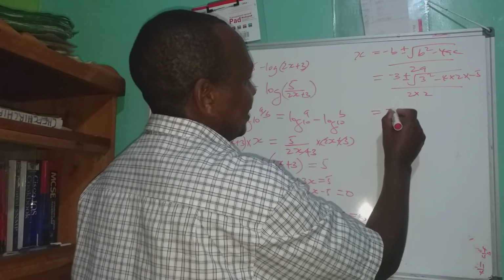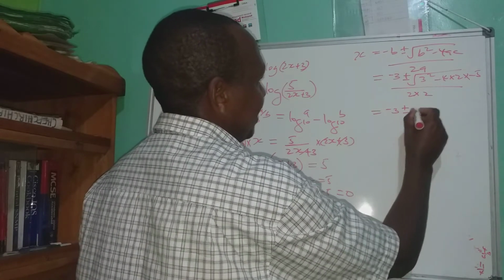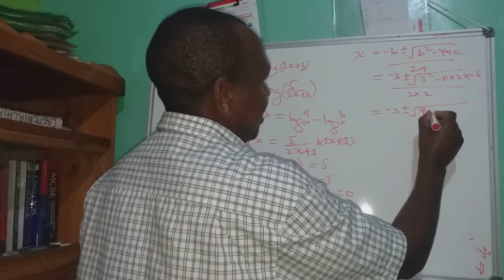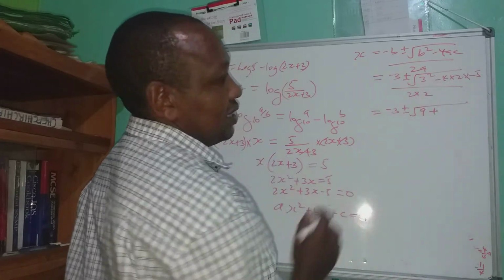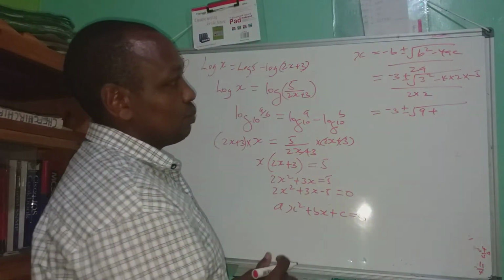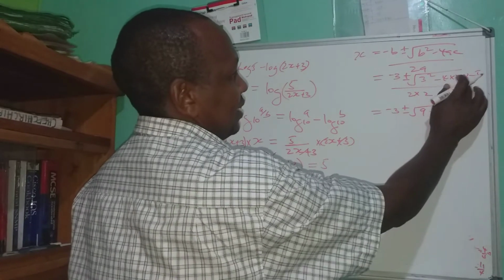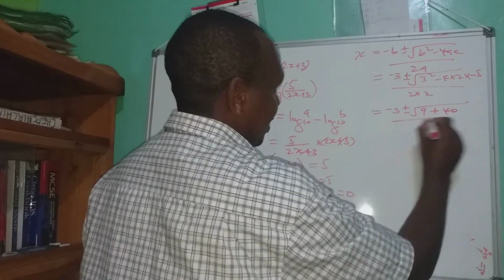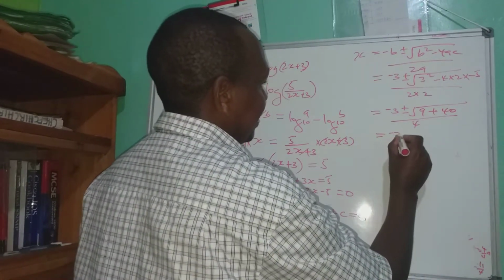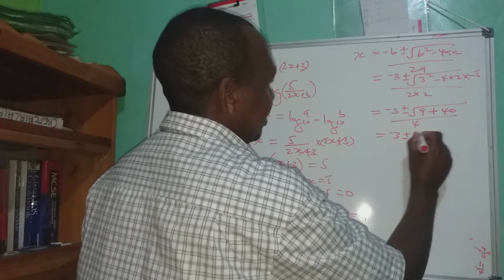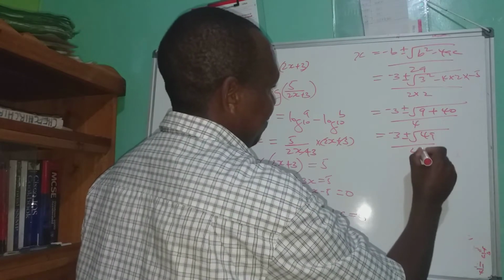So this gives us negative 3 plus or minus square root of 9 plus, because of the two negatives, negative and negative becomes positive, 4 by 2 is 8, by 5 is 40, divided by 4. So this is negative 3 plus or minus square root of 49 divided by 4.